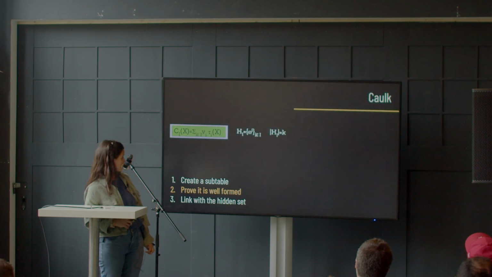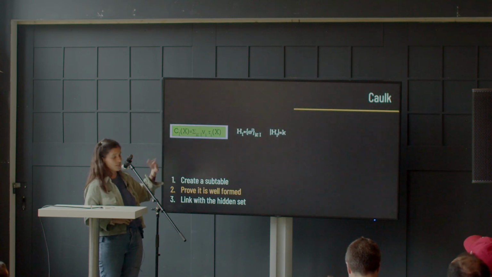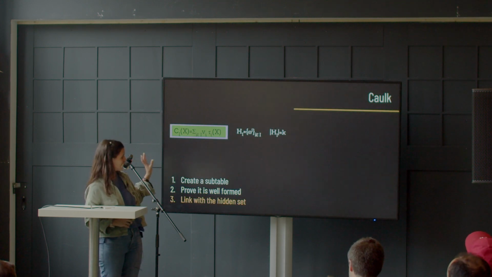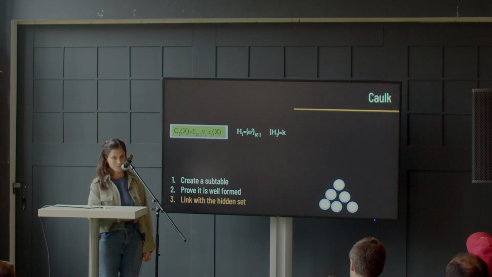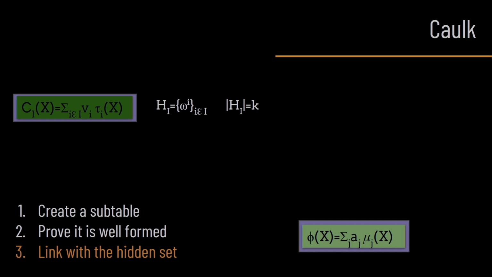And as I said before, once we have the well formation of the subtable, we can get rid of the big one. We don't care about it anymore. And now what we have to do is just link this subtable with our hidden set. Our hidden set will also be committed with a KCG commitment as an encoding of the vector. And if you see, we are working with a different set of Lagrange polynomials here.